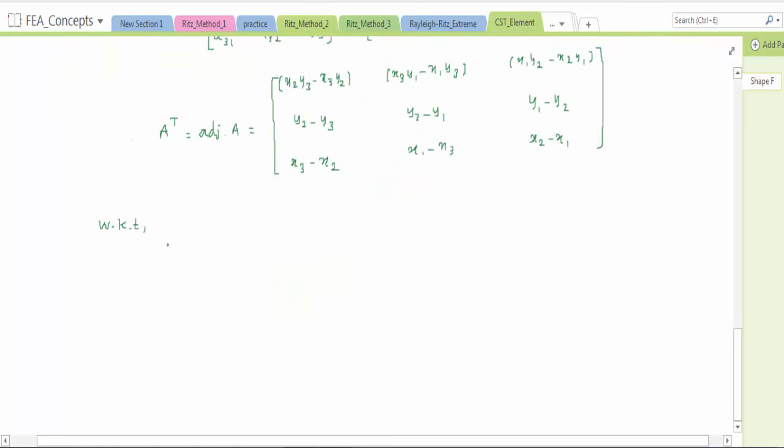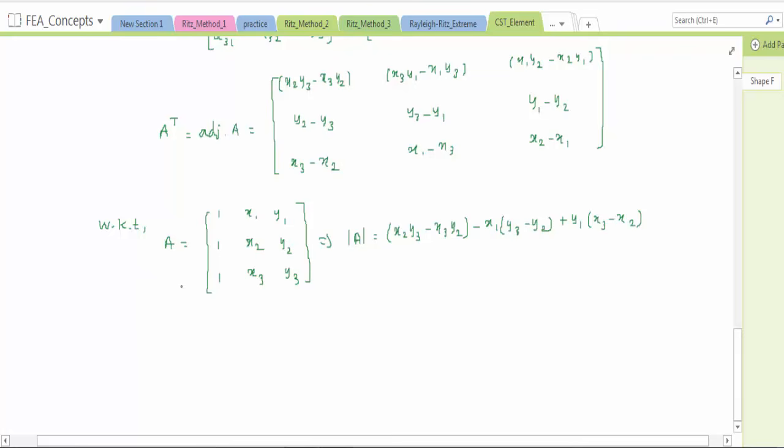We already know that A equals 1 x1 y1, 1 x2 y2, 1 x3 y3. The determinant of A we also have to find out; we know the method to determine the determinant of a matrix.